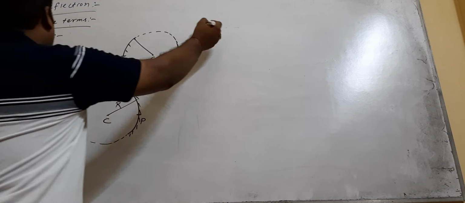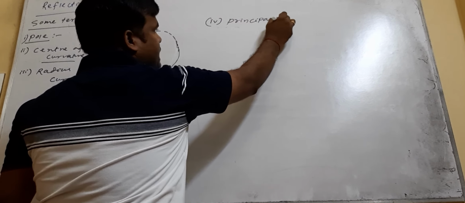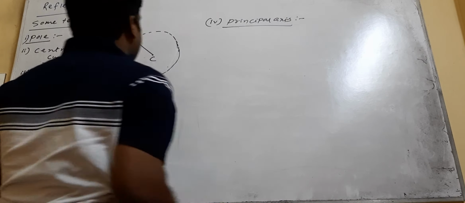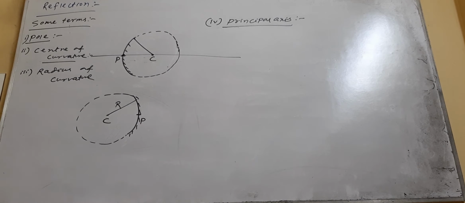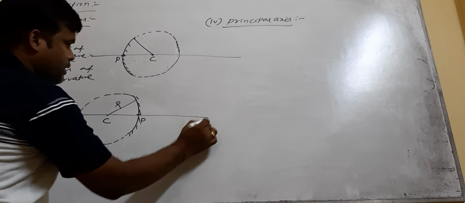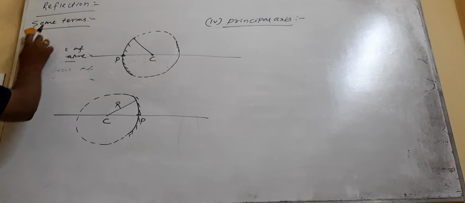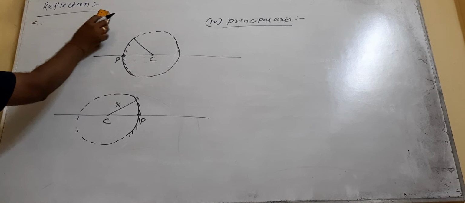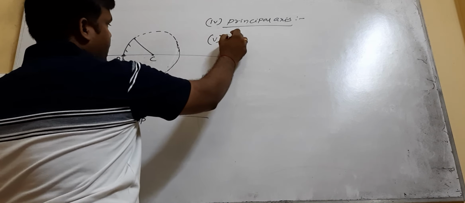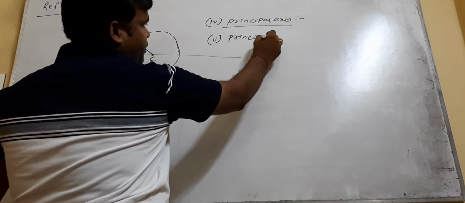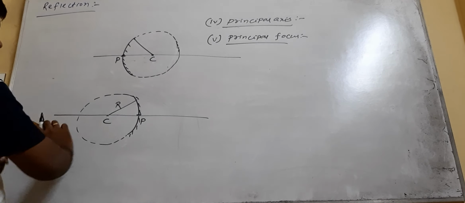Next is your principal axis. What is principal axis? The line passing through the pole and center of curvature is called the principal axis. Now come to number 5, that is principal focus. So, what is principal focus?